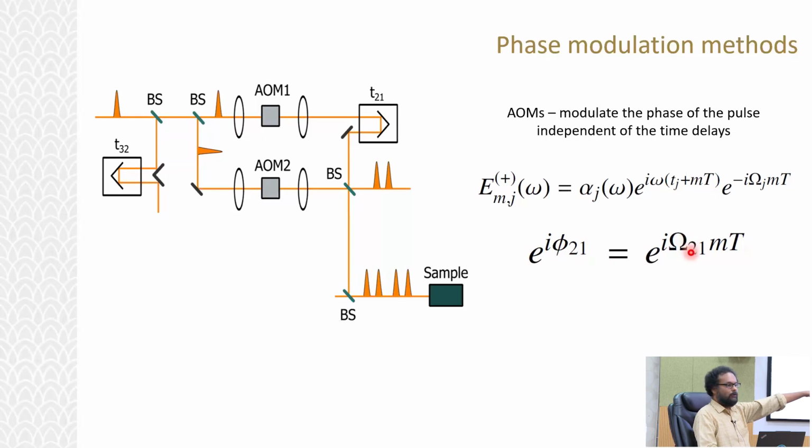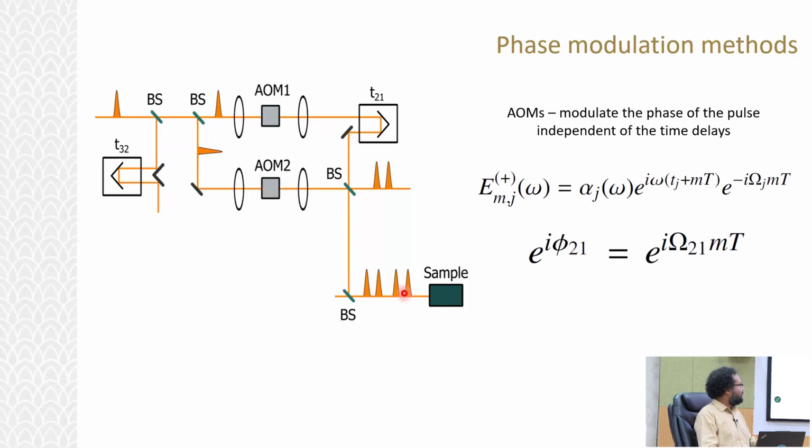Capital omega 21 is the difference in the modulation frequency between these two acousto-optic modulators, which happens to be about a few kilohertz. Okay, everybody fine with this? Kind of get it? Of course, I'm assuming that you already kind of know acousto-optic modulators. If not, go back and read a bit on acousto-optic modulators.